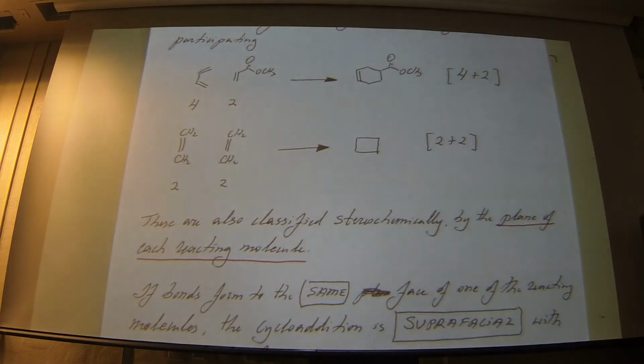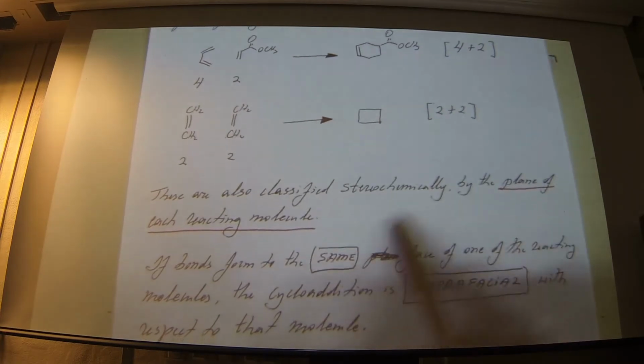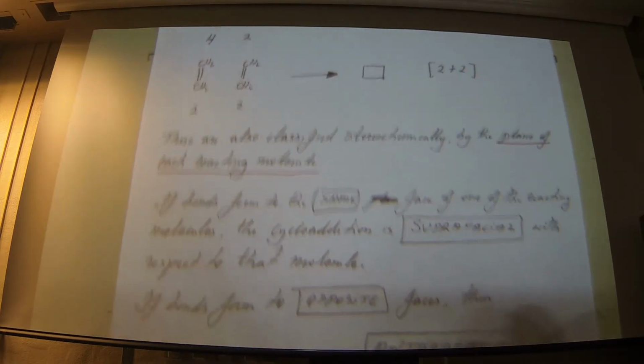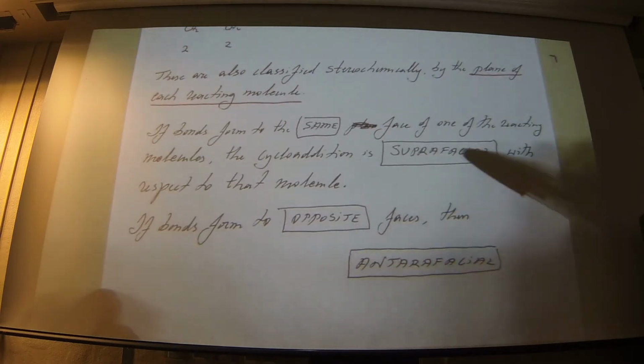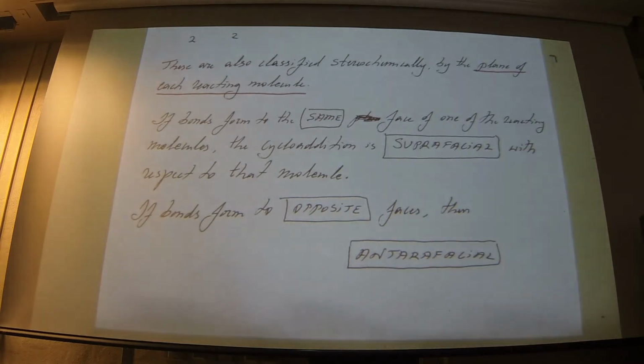So back to here. We classify these reactions according to the plane of each reacting molecule. Now, I'm going to introduce some geek speak here. Don't obsess with the terminology, but understand the concept. So just think about it this way.